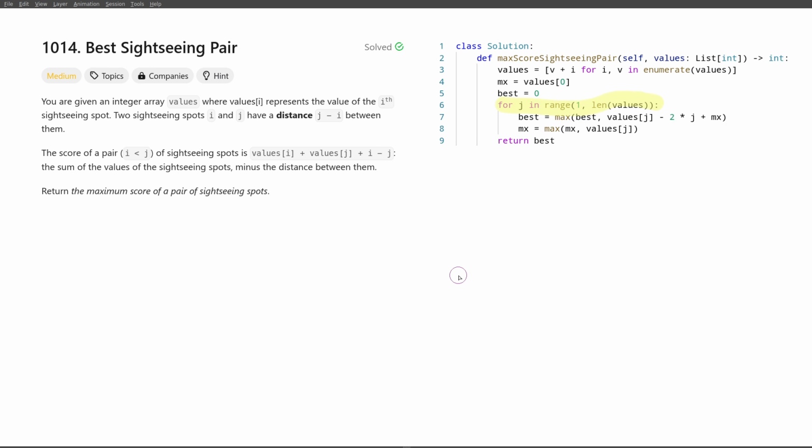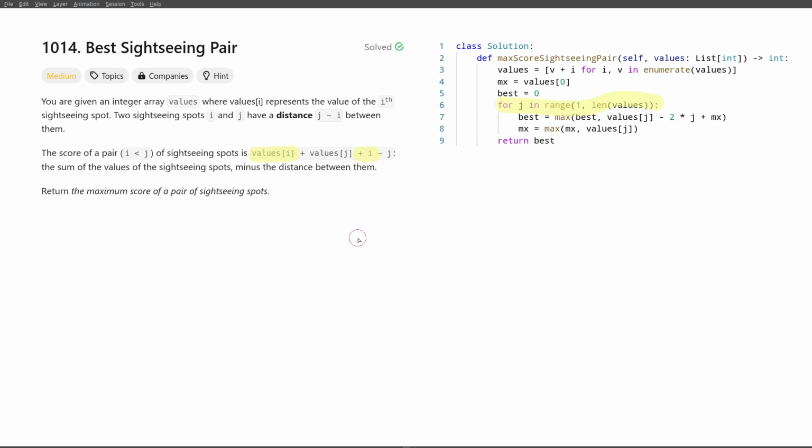But you might have noticed here that, typically in a monotonic situation, we would say that if we increase j, then the score will decrease by 1 for every step. But this part that depends on i doesn't change at all. The value that the element at position i contributes to the final value is values of i plus i, and it completely doesn't depend on j.